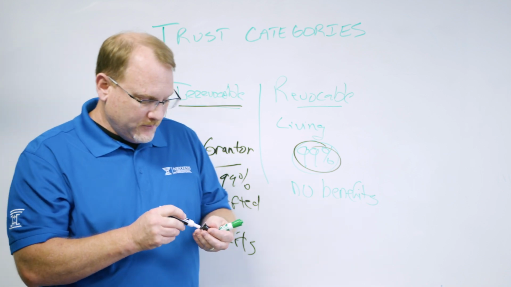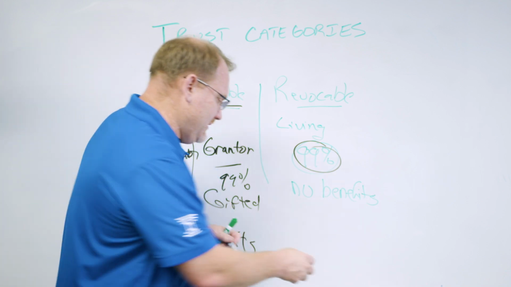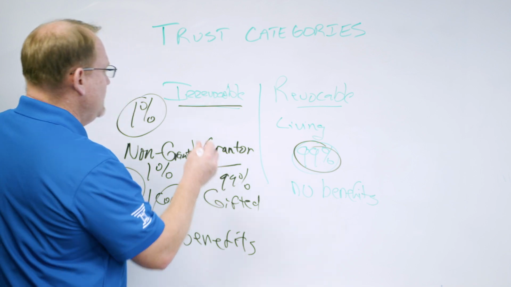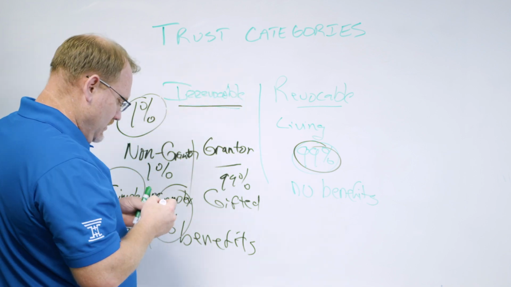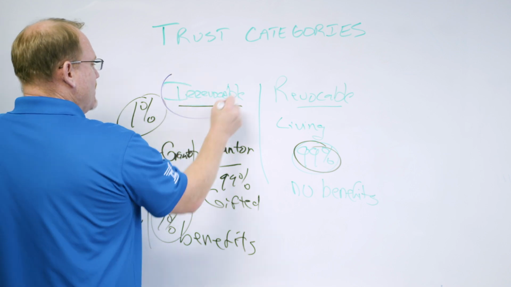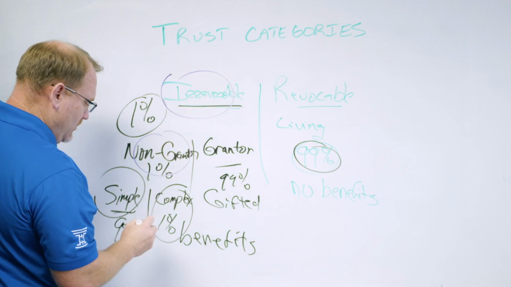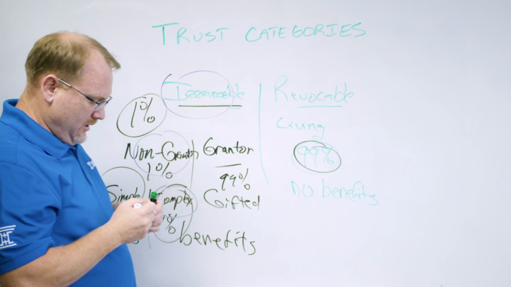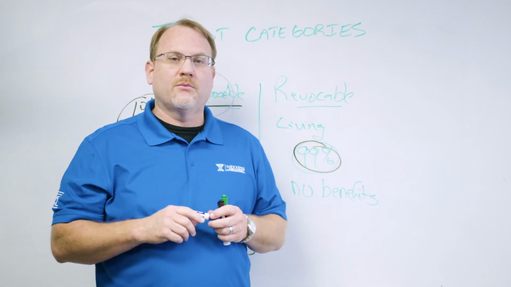But again, you want a trust that has all these cool benefits, so you need it to be irrevocable, you need it to be non-grantor, and you need to use the complex code. You have to set the trust up right for success.